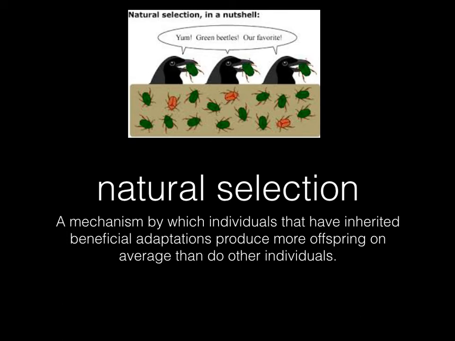Those are just a few examples. But natural selection states that these organisms that are not well adapted to the environment are going to die off in some form or another.